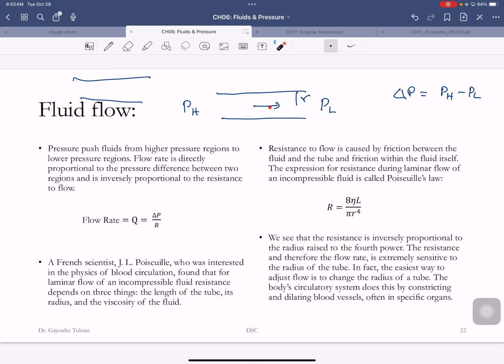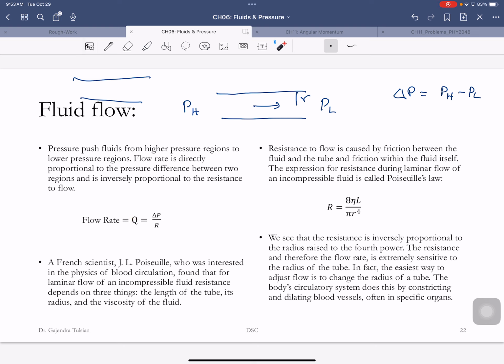You know that more water will flow, more gallons of water per minute. Honey has greater resistance. So what this formula tells you is the flow rate. Flow rate tells you how many gallons a minute are flowing, or how many liters a minute. The flow rate is the pressure difference divided by the resistance to flow. The greater the resistance to flow, the smaller the flow rate.